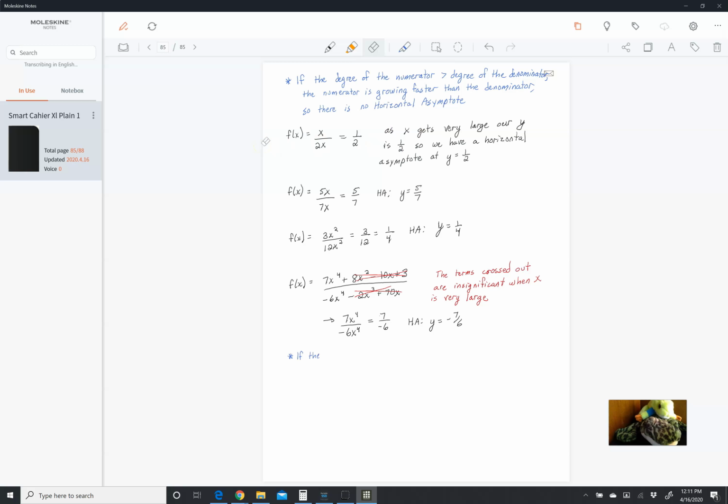If the degree of the numerator equals the degree of the denominator, that means the numerator and denominator are growing at the same rate.